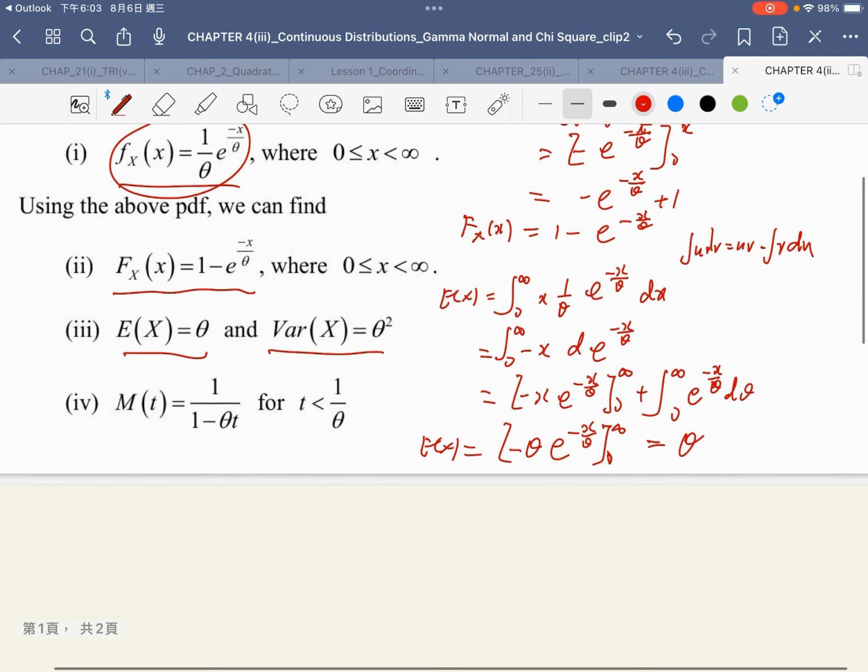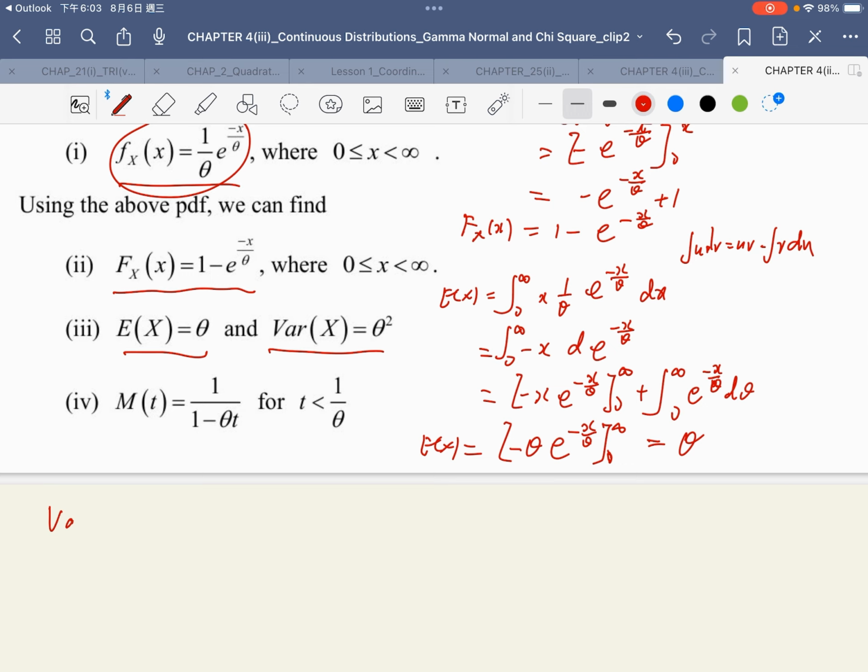And then for the variance, I first calculate E(X squared). That is the integration from 0 to infinity of x squared. First, change these two positions: negative x squared d e to the negative x over theta.